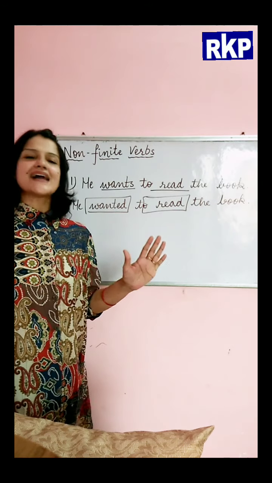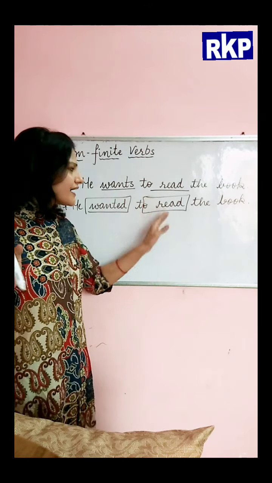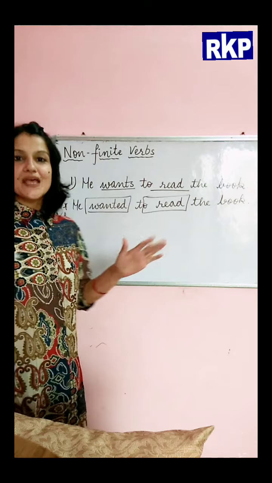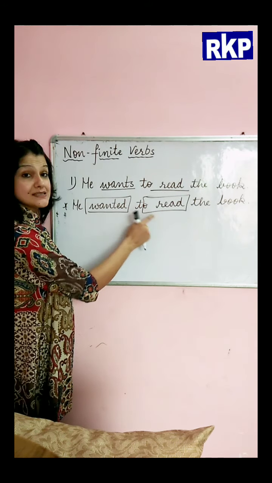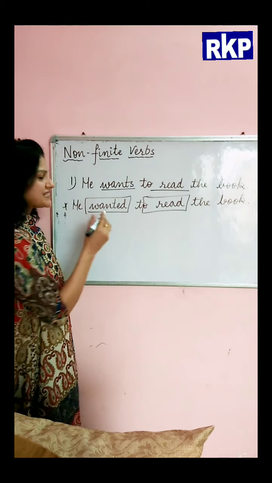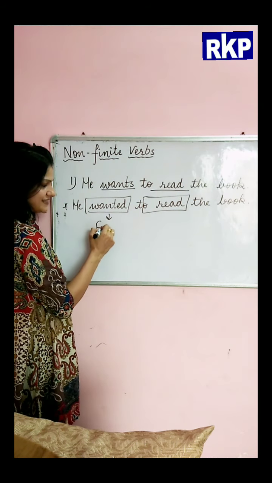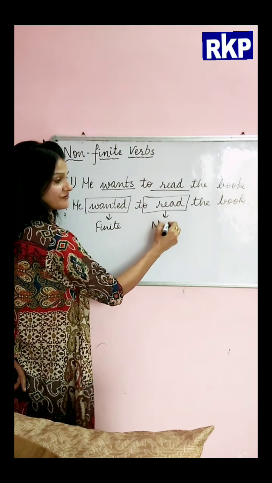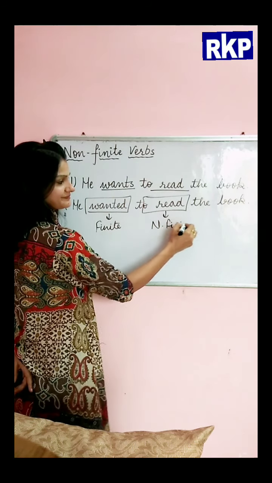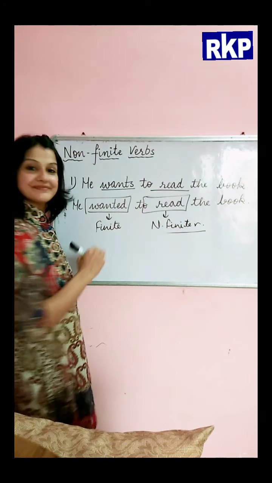It doesn't care at all, okay? It remains the same. So here in this sentence, this verb changed and this did not. That means it is finite and it is non-finite verb. Okay?